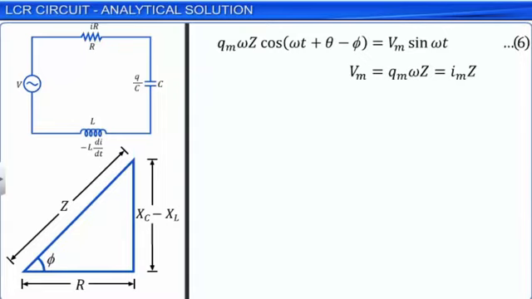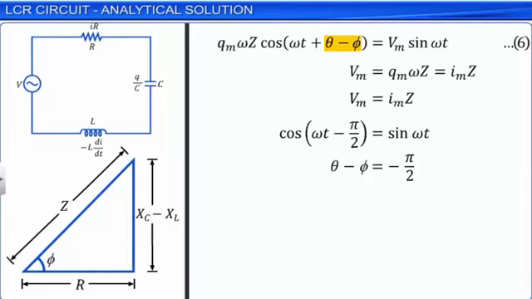Also, as cos(omega t minus pi by 2) is equal to sin omega t, we have theta minus phi equal to minus pi by 2. From equation 3, the instantaneous current i is equal to Qm omega cos(omega t plus theta).